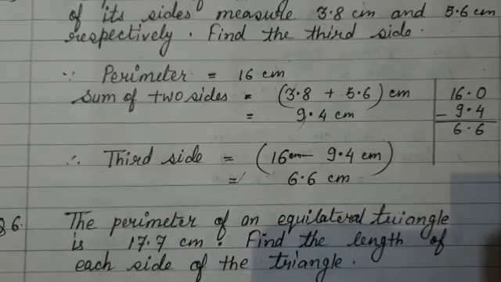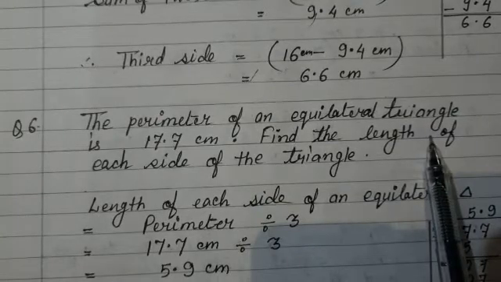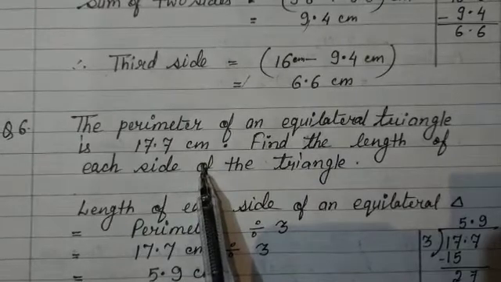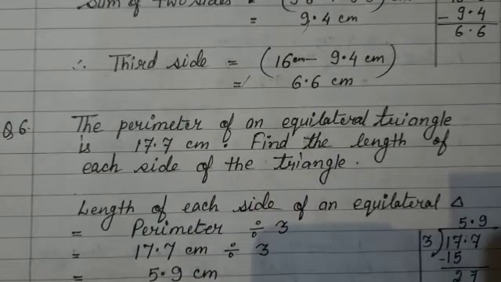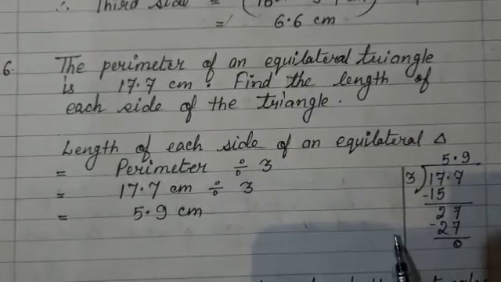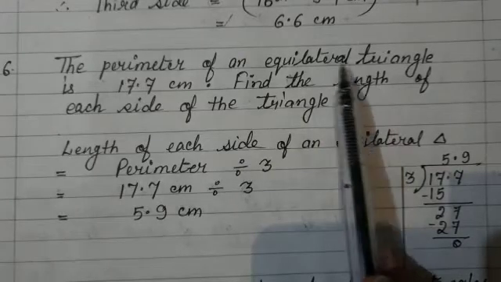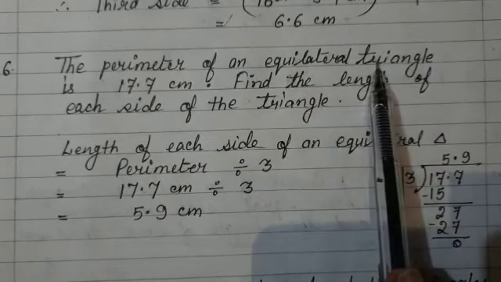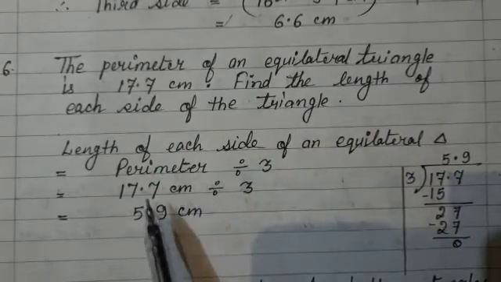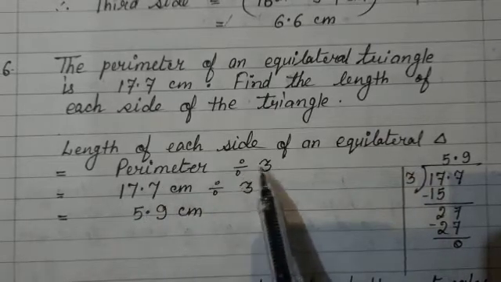Look at question number 6. The perimeter of an equilateral triangle is 17.7 cm, and you have to find the length of each side of the triangle. We know that an equilateral triangle means one whose three sides are all equal, and the length of each side of an equilateral triangle is equal to the perimeter divided by 3.